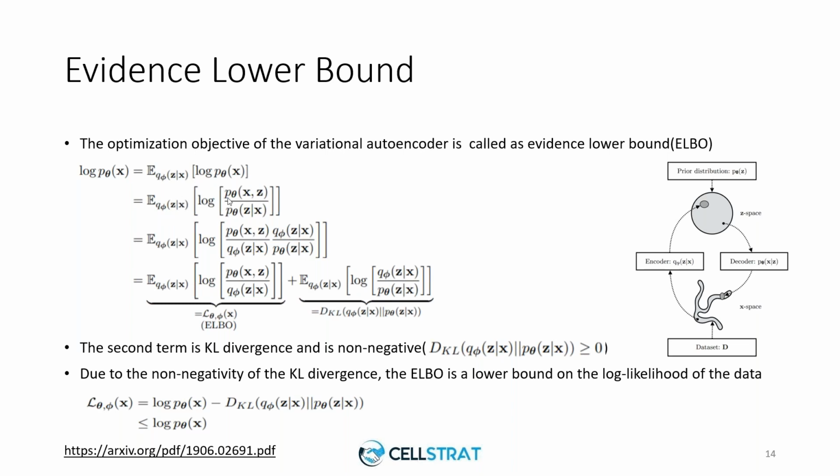This is our joint probability, and this is a conditional probability with respect to p theta x. Now over here we are just multiplying by our approximate distribution, q phi z given x, on both sides. This particular part becomes our ELBO, the evidence lower bound, and this part, the approximate distribution divided by the true posterior, becomes our KL divergence.